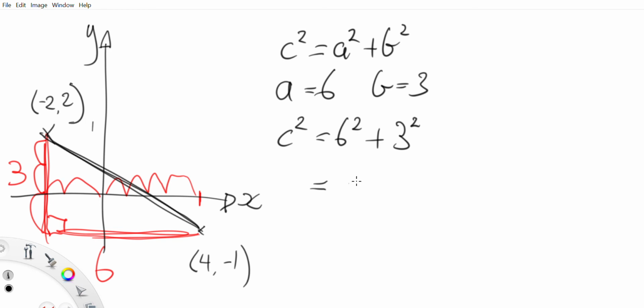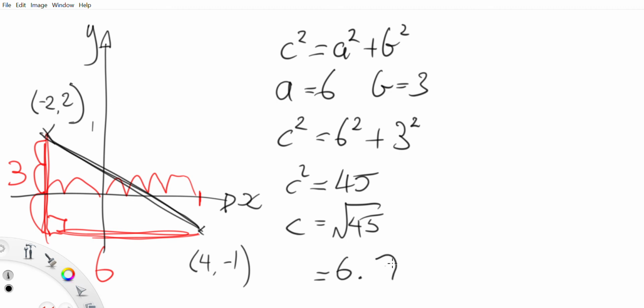So we're talking 45. So c equals the square root of 45, which as a decimal is around 6.71. So that is the answer.